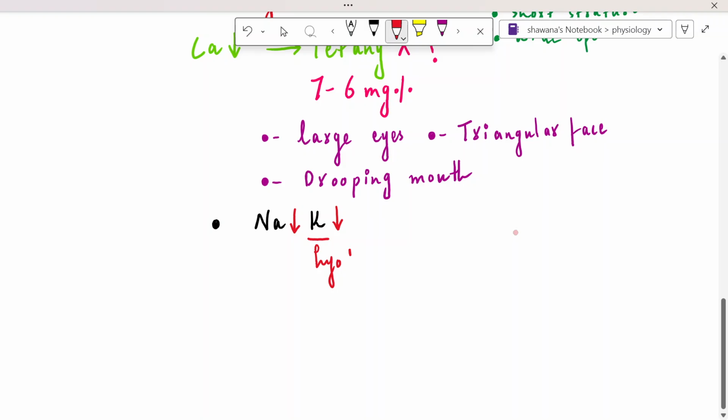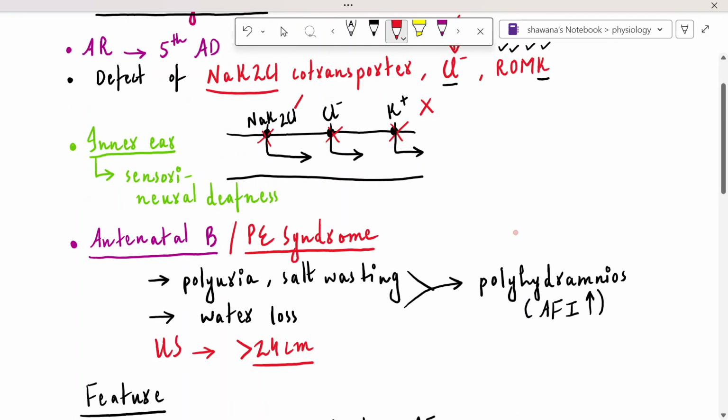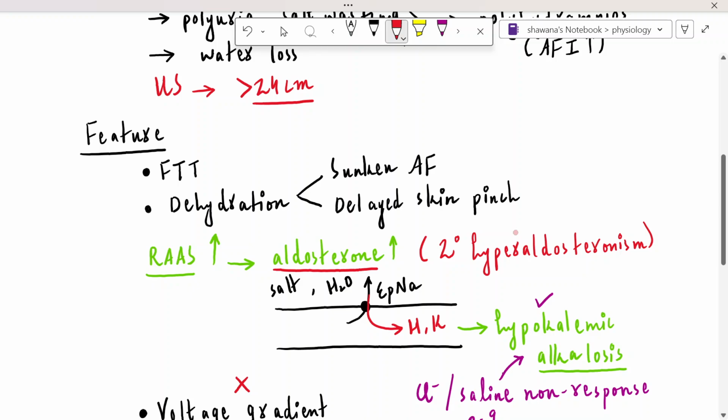But why is that so? First of all, you need to understand that there is a defect of these channels. There is a defect of the sodium potassium 2 chloride and the ROMK channel, which also leads to potassium wasting, and the second source of potassium wasting is the effect of aldosterone.